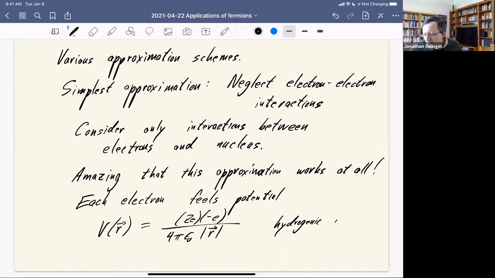This is just like what you had on the homework, not the most recent one, but the one before that, where you had questions about solving Schrodinger's equation with this sort of potential. And so you know the answers for this.